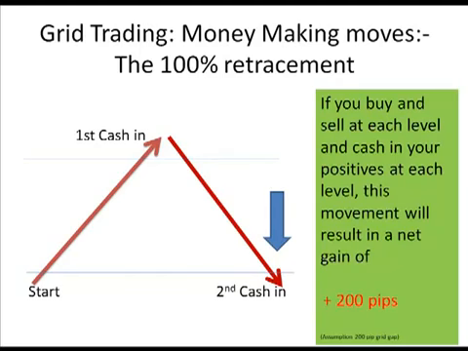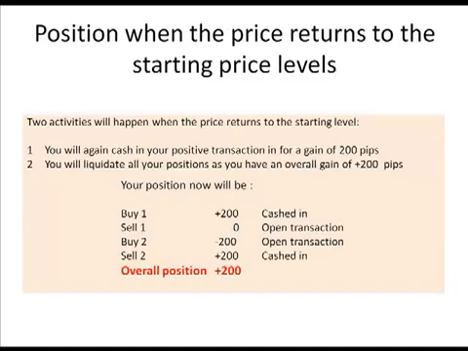It then moves back to your starting position, and at that point your first sell becomes neutral because the price has moved back to the same price level, and the buy that you had at level 1 has now become negative 200, but you've been able to cash in the sell at that point. If you add that all together, you've got a cash in there and a cash in there. You're carrying one negative and one break even. If you add them together, it's an overall position of plus 200.